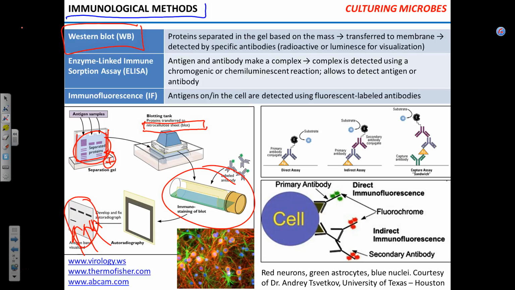What do you think are advantages of this method? Bingo! You can very specifically address one protein. So if you have two strains that are different by one protein, you can distinguish them. Yes?